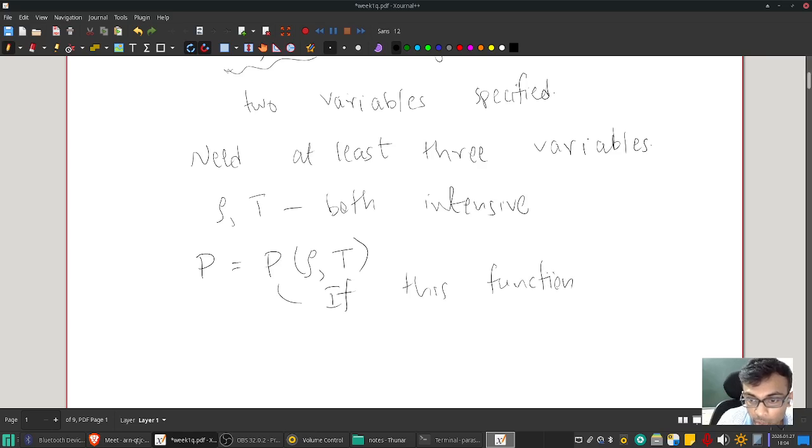This function depends on the particular substance we are interested in. It could be different for solids, and depending on what makes up the substance, this function can change. But in principle, if this function is known, then the pressure can be calculated from the knowledge of density and temperature.